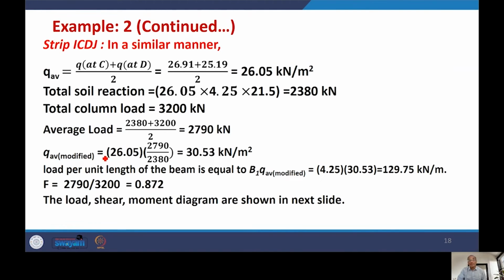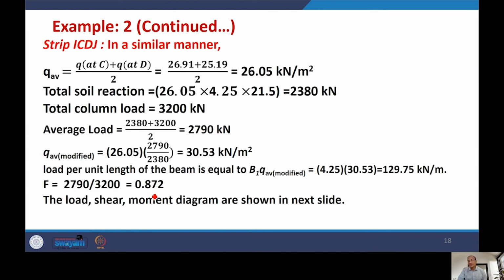At the same time, load per unit length of the beam is equal to B1 into Q average modified. So B1 is 4.25 multiplied by the Q average. So this is 30.53, and we got 129.75 kilonewton per meter. And once you have this factor, this is the load acting on the strip, while the factor is, as we already discussed, 0.87.